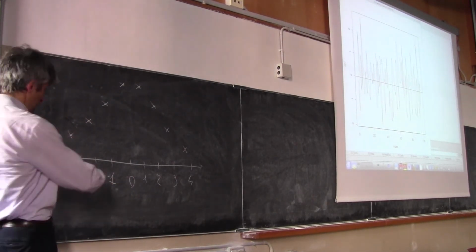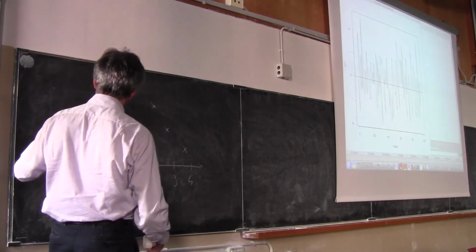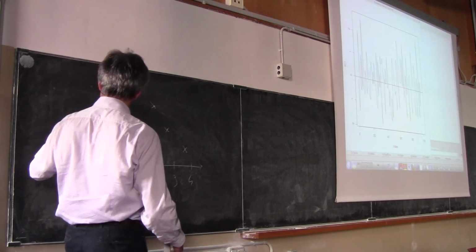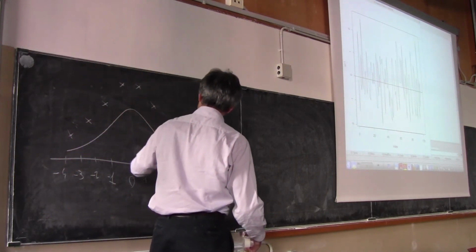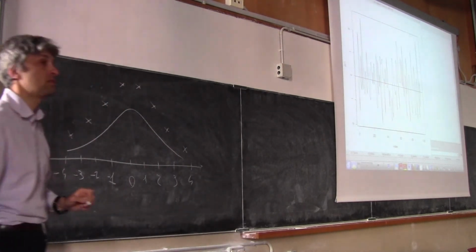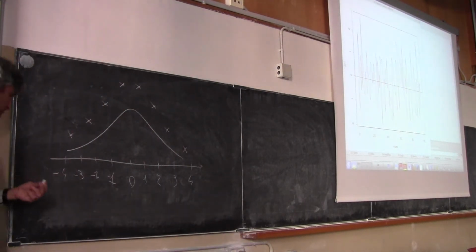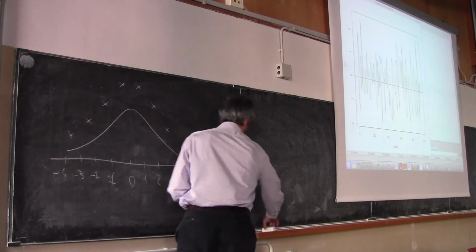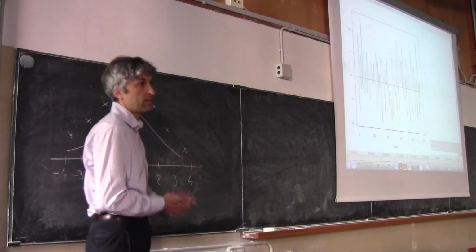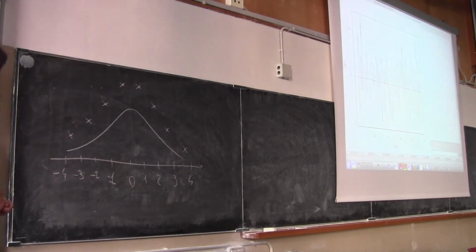You divide by the delta x, and finally you get an estimate of the probability density function. This is a way to estimate what is called the sample probability density.